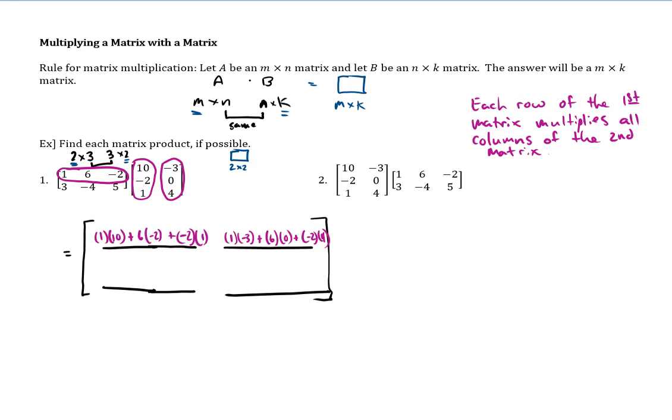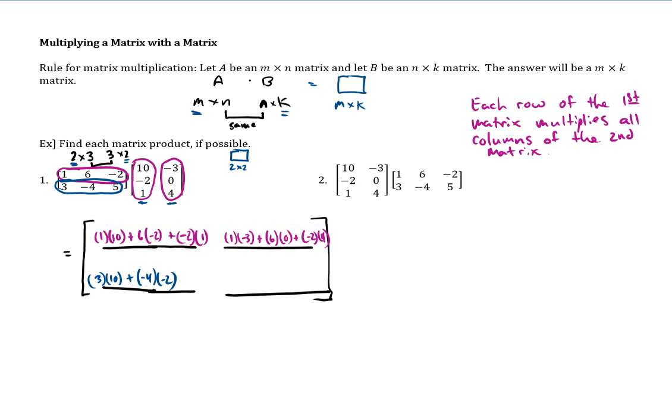For the next two spaces, this row will multiply these two columns also. I'm just going to underline them to show I will multiply it again. It follows the same pattern at this point. The 3 will times the 10, and then the negative 4 will times the negative 2, so plus negative 4 times negative 2.